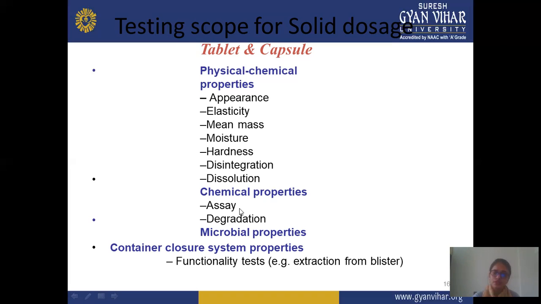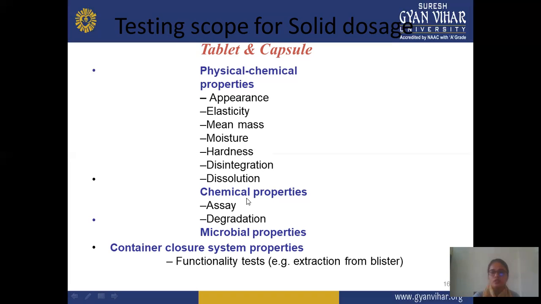Next is degradation. Degradation means changes of certain properties or degradation of the formulation. In this, you assure that your formulation, tablet and capsule both, are in good condition and do not degrade easily. Microbial property means certain bacteria or microbes that affect your formulation. And container closure means functionality test, maybe extraction from a blister. You know that tablets or capsules are packed in different types of packaging material like blister packaging, strip packaging, or alloy packaging.